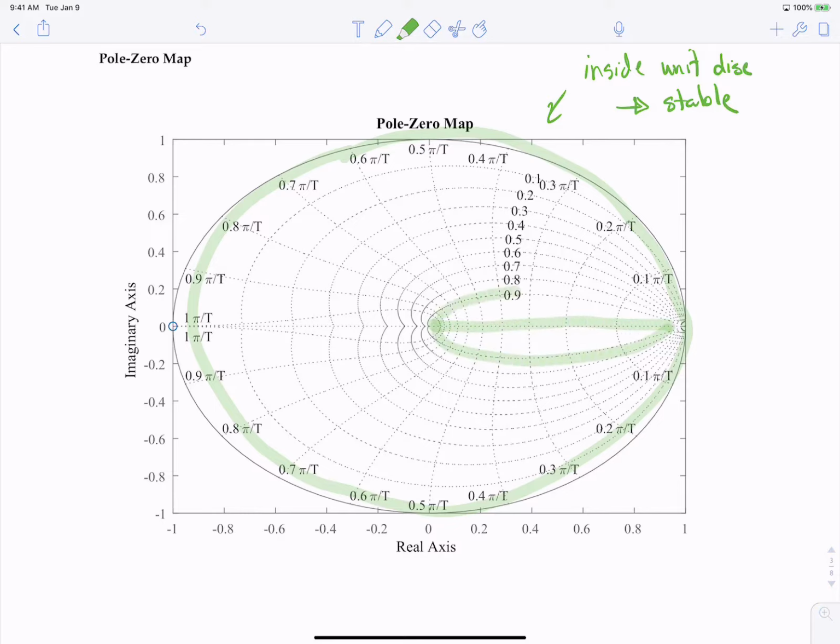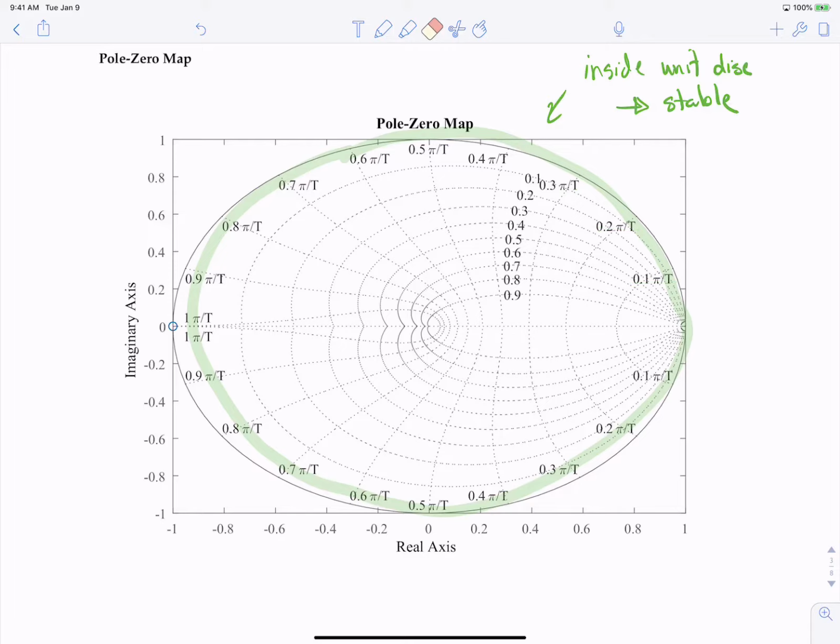Then here's 0.9, 0.8, and so forth. And the natural frequencies, again, are these frequencies here. They are in reference to your sampling frequency, so that's why you see that capital T there. They're in per unit of your sampling frequency.